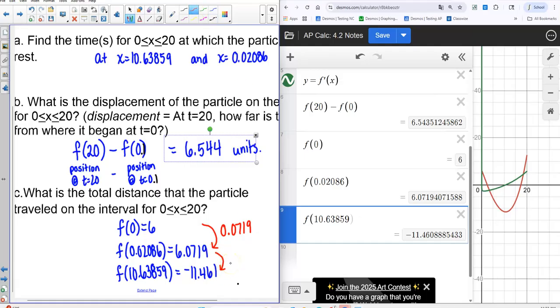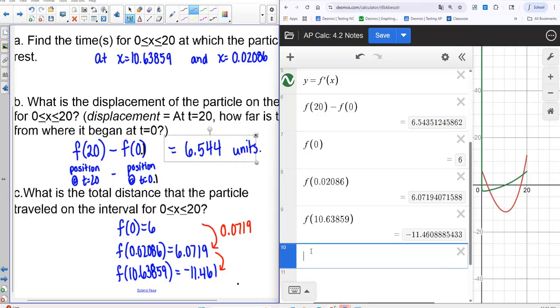Okay, so from those two points, I've traveled to the left. But if you're talking about total distance, it doesn't matter which direction you're going. So you can subtract those, like 6.0719 minus, make sure you do minus negative 11.461 there.